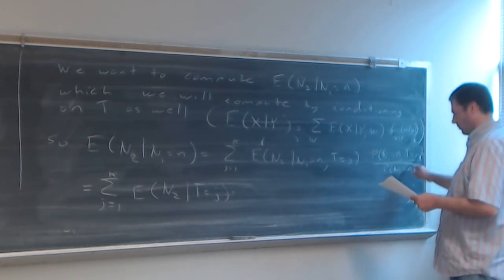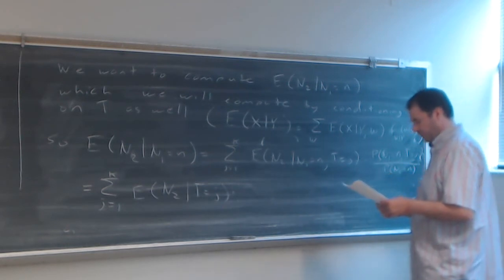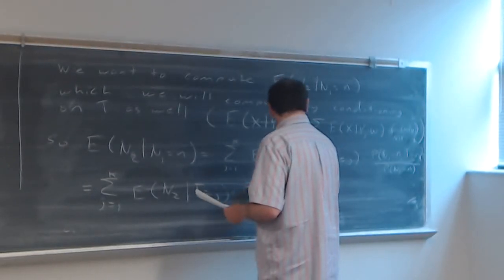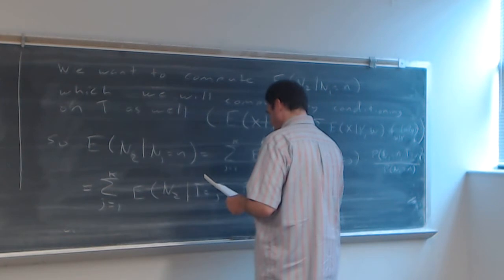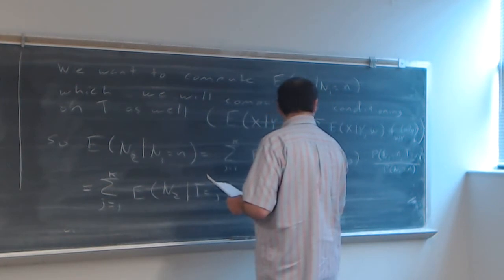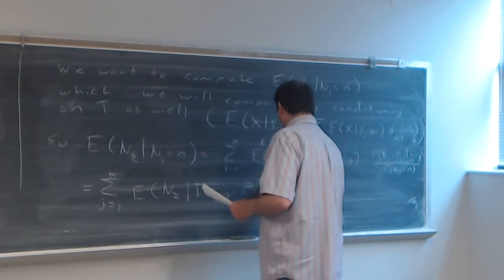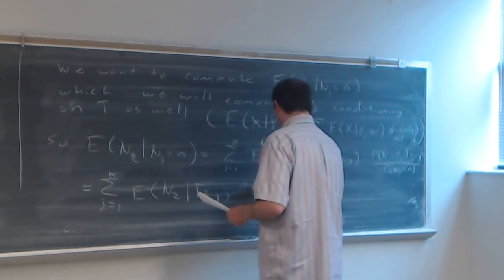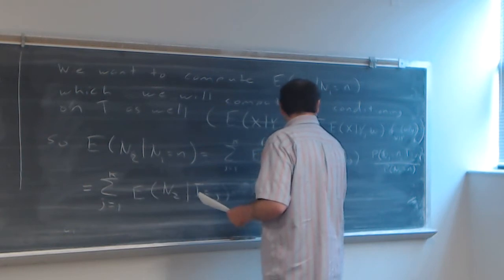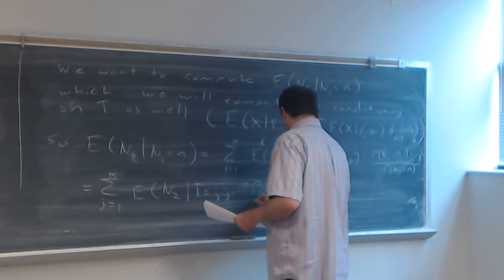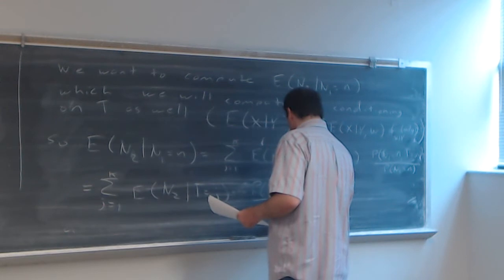here, we've written down what I want to have written down here. So I'll just leave it alone. So this probability that N sub 1 equals n. I'm going to rewrite that. I'd like to leave it in a different form. That's the probability, the back form, that T equals j given N sub 1 equals n over the probability that N sub 1 equals n.